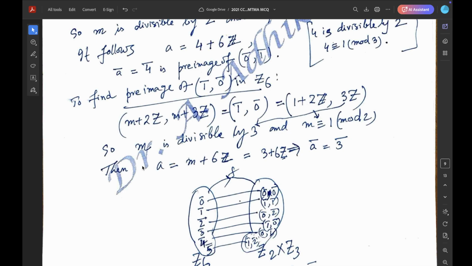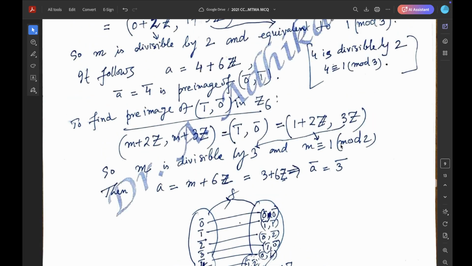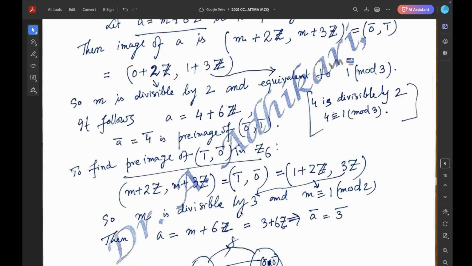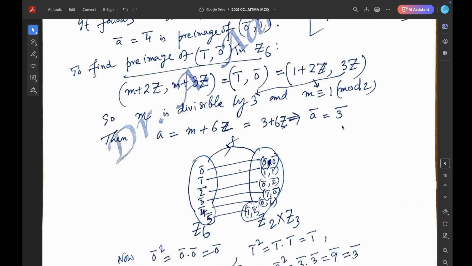So A equals m + 6Z with m equal to 3. If m equals 3, then m is divisible by 3, and 3 is congruent to 1 modulo 2, since 3 minus 1 is divisible by 2. So class A is class 3. So the preimage of (class 1, class 0) is class 3 in Z6.